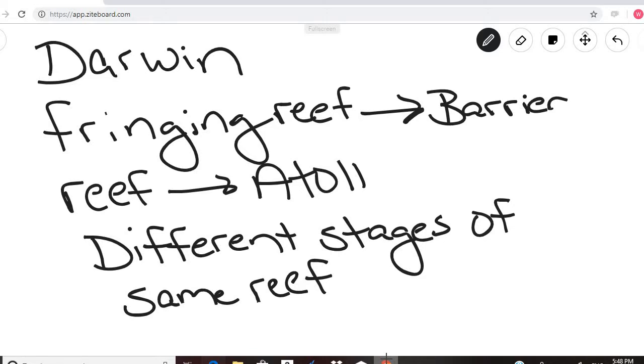And what most scientists believe now is that when a volcano erupts over the years, then lava builds up, and that lava will eventually build up to the point of rising above the surface, and then you have an island. So then if coral larvae settle on it, then it'll grow near the surface, and you have a fringing reef.